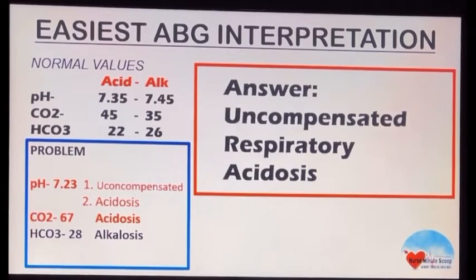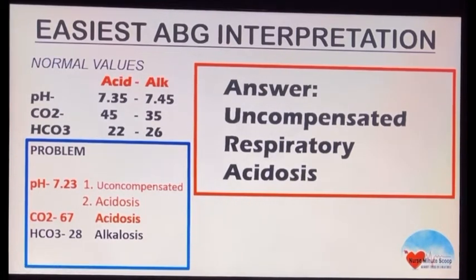And everything else will be easy from here as long as you know the normal values of our pH, CO2, and HCO3. Know the order, it's 1, 2, 3, so you don't get confused. Normal values, reverse the second one for the decimal point, and 22 to 26 for HCO3. That's how you do it. Know if it's compensated or uncompensated through pH.